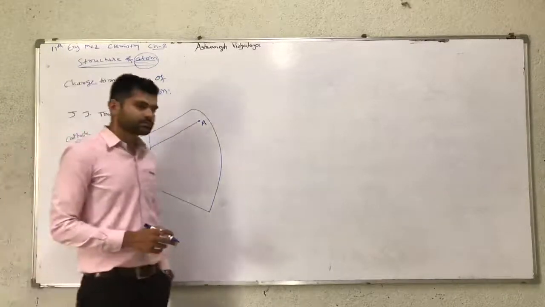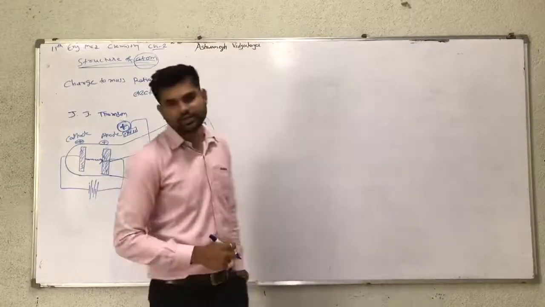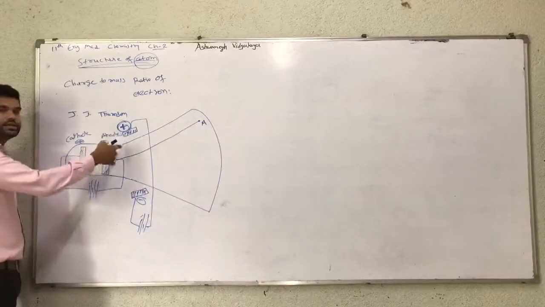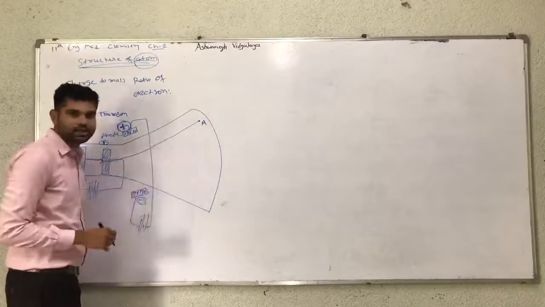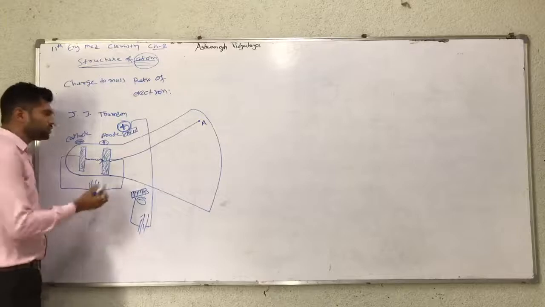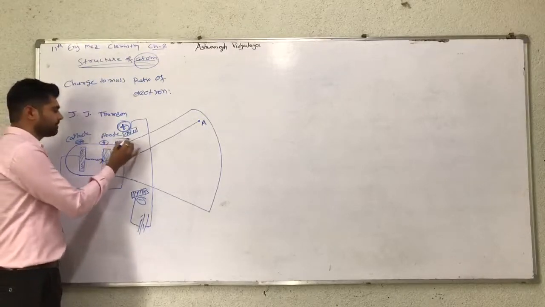When using this electric field concept, the ray deviated towards the positive plate. Now in the further experiment, a magnetic field is created by a magnet.